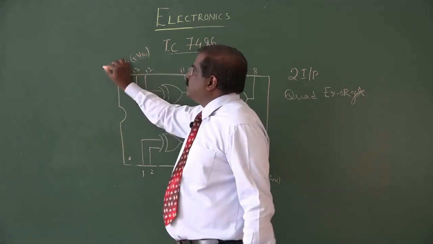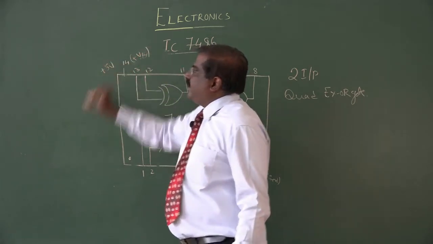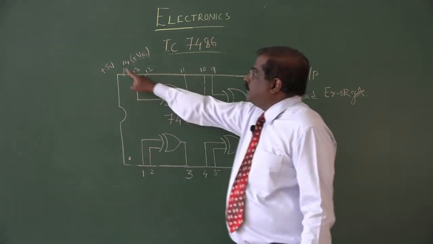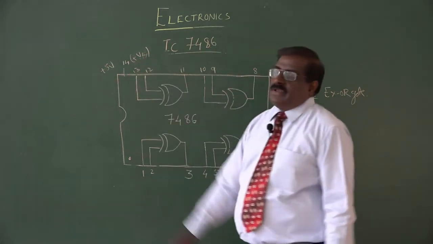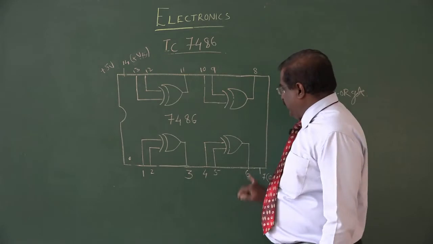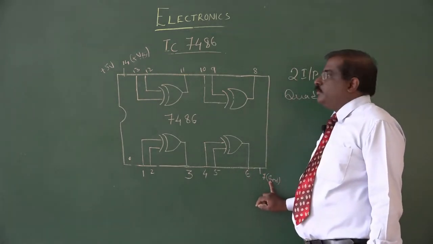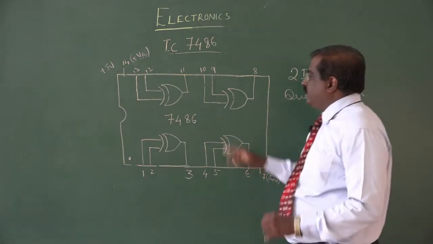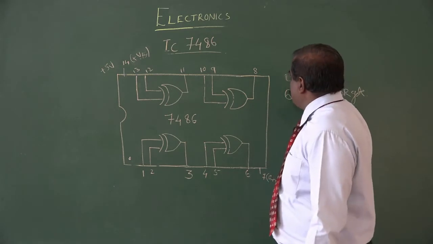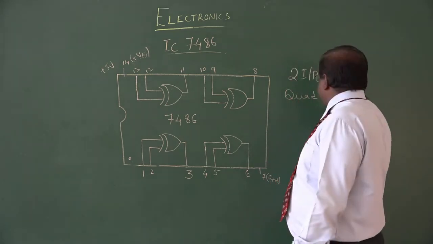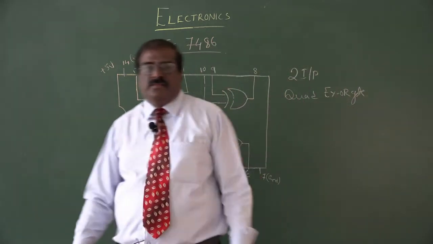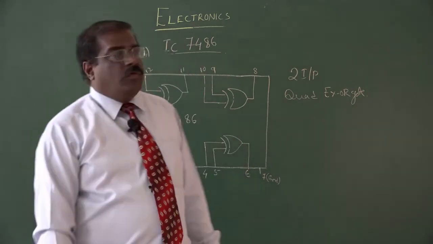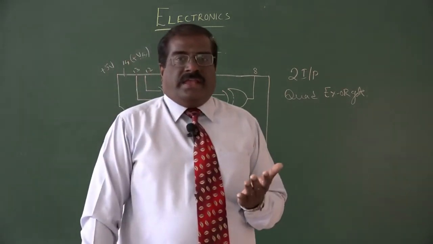Okay, or else we should connect plus 5 volts. Plus 5 volts is to be connected to pin number 14 and 7 is the ground to be connected. So IC7486 is nothing but a 2 input quad XOR gate. In this one we have the 4 XOR functions.